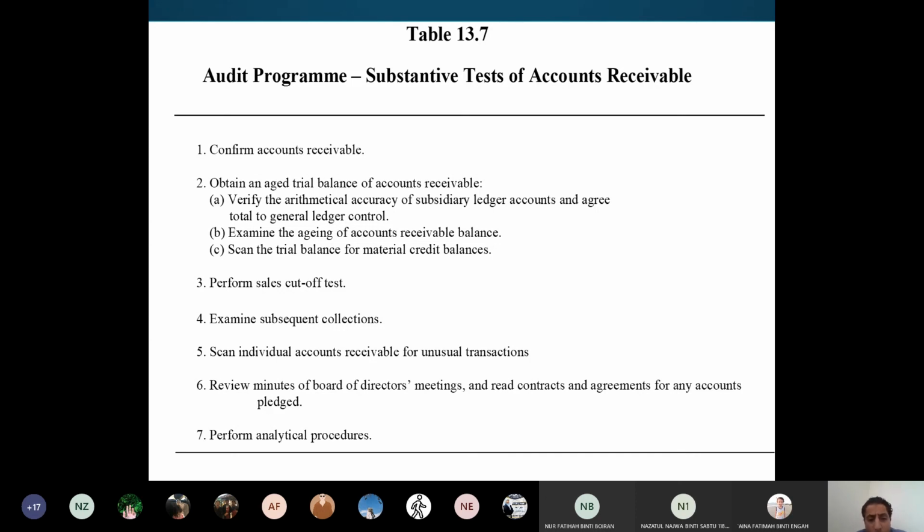Number three is to perform a sales cutoff test. As I said, we try here to ensure that it's recorded at the right time and received at the right time. So sometimes companies try to record the account receivable in this year even though the transaction or the sales belong to the following or subsequent year.